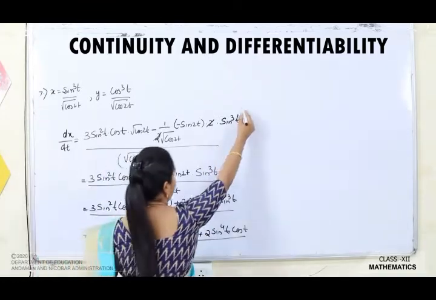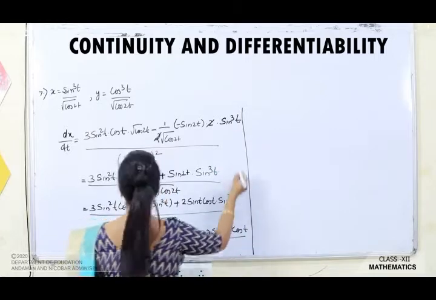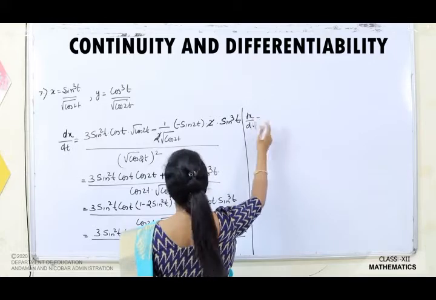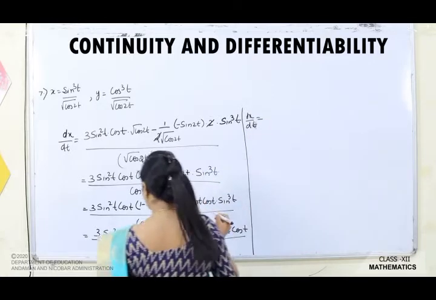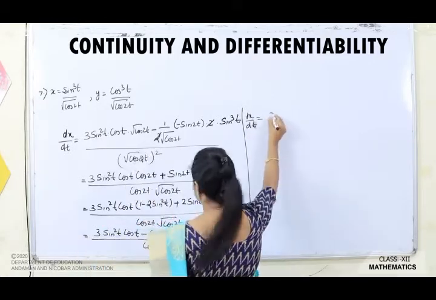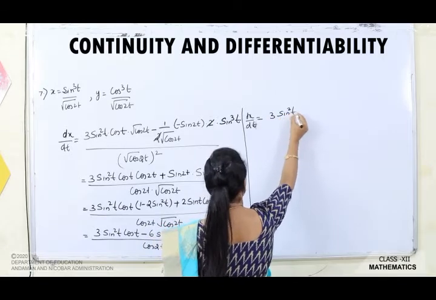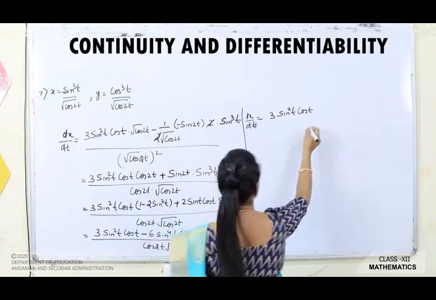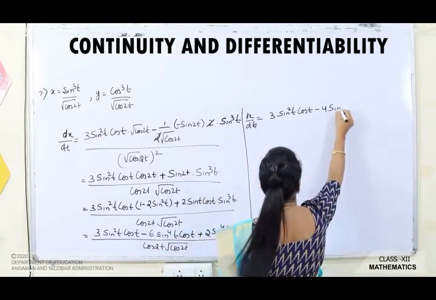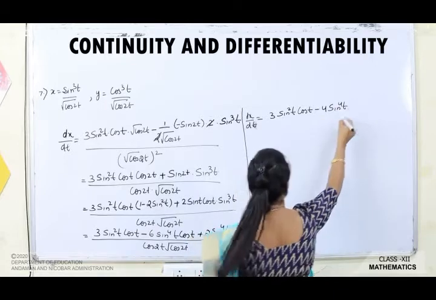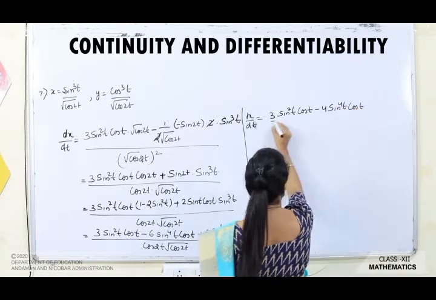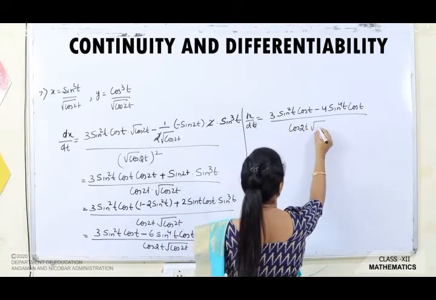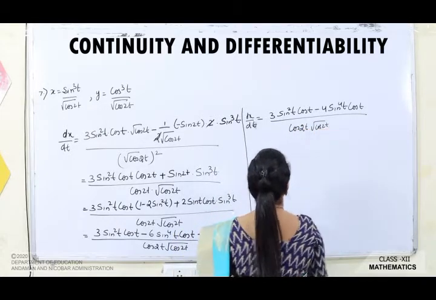So when you simplify, you will see that you will get the value of dx by dt is equal to 3 sin square t cos t, when you simplify this, minus 4 sin power 4t into cos t, the whole divided by cos 2t into root of cos 2t.